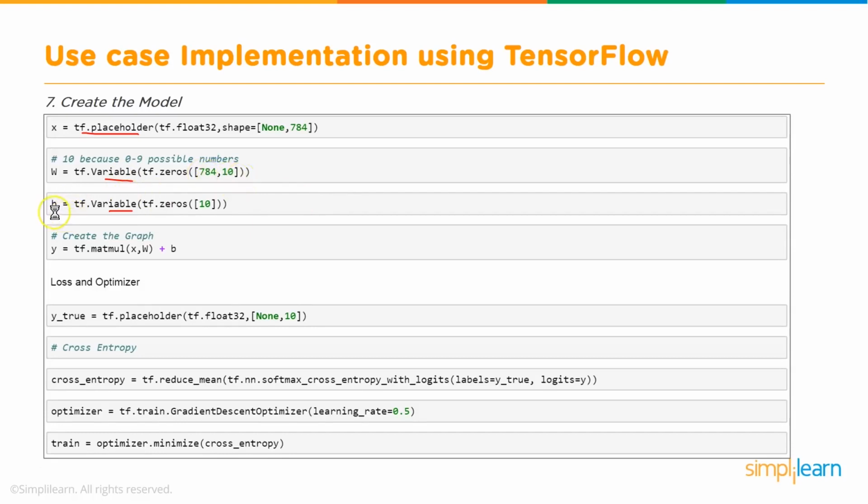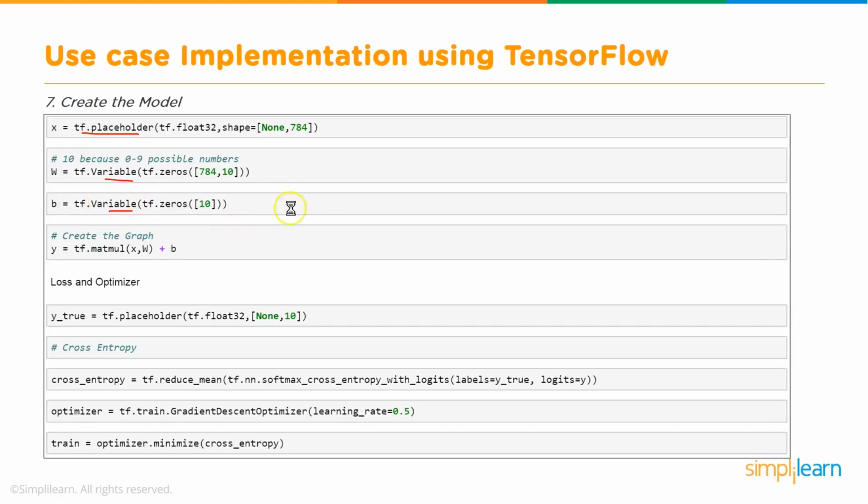And similarly, there are biases. Now remember, I mentioned bias is only 1 per neuron. So it is not 1 per input, unlike the weights. Therefore there are only 10 biases because there are only 10 neurons in this case. So that is what we are creating a variable for biases.